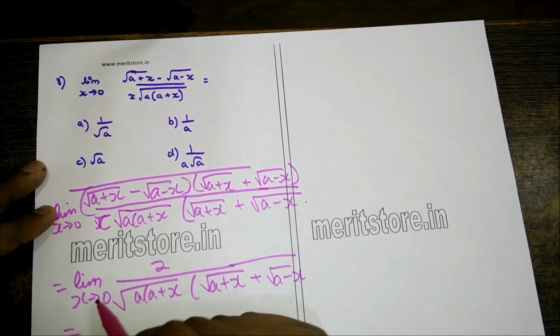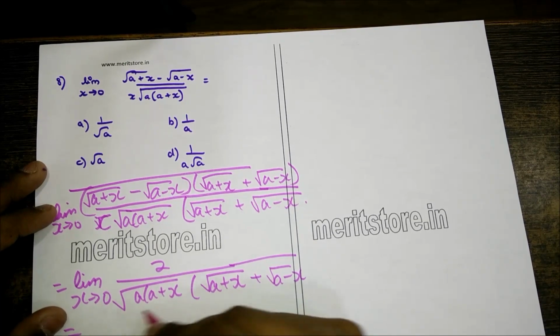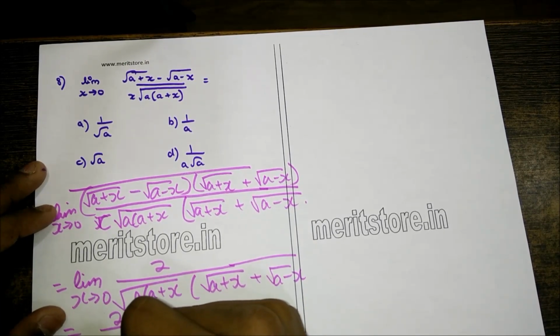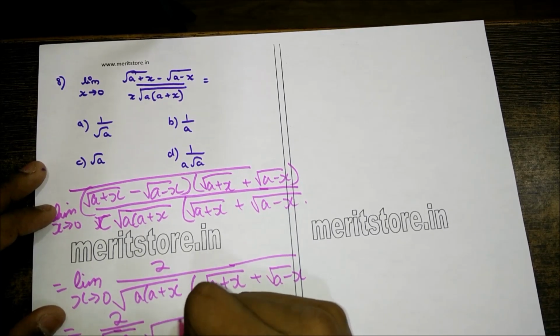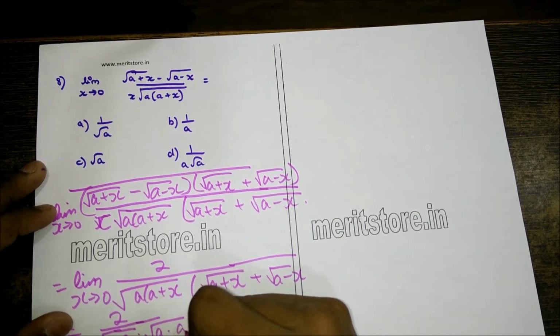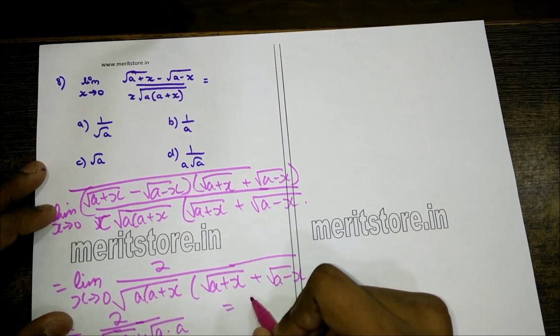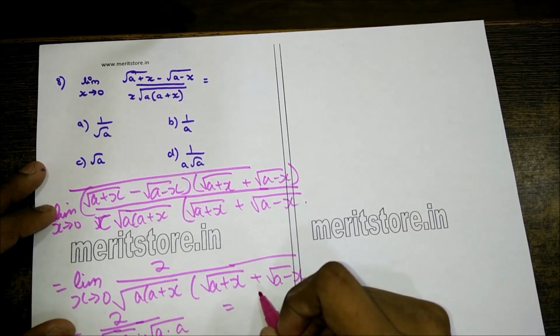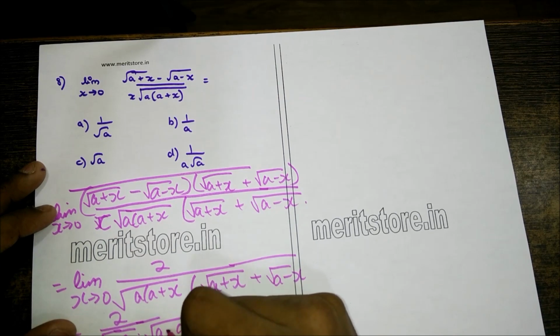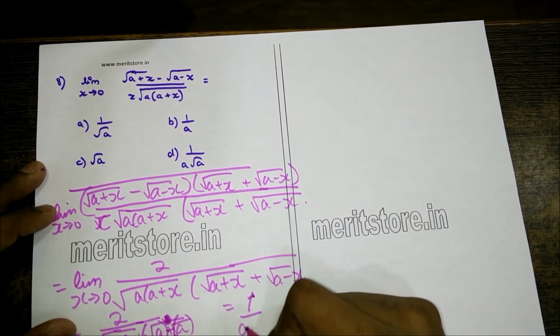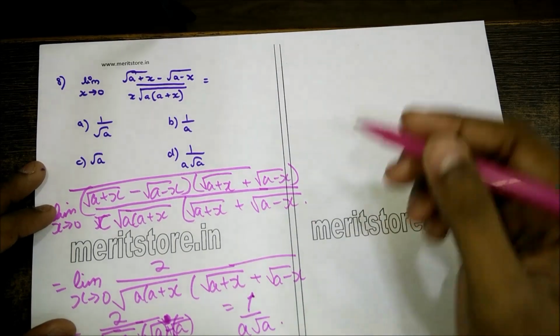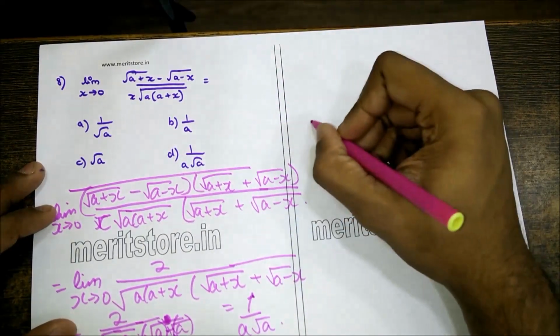When we apply the limit x tends to 0 on this, we'll get 2 by root of a into a upon into root of a into a. That is, there's a plus here, root a plus root a. That gives us 1 by a root a, which is option D.